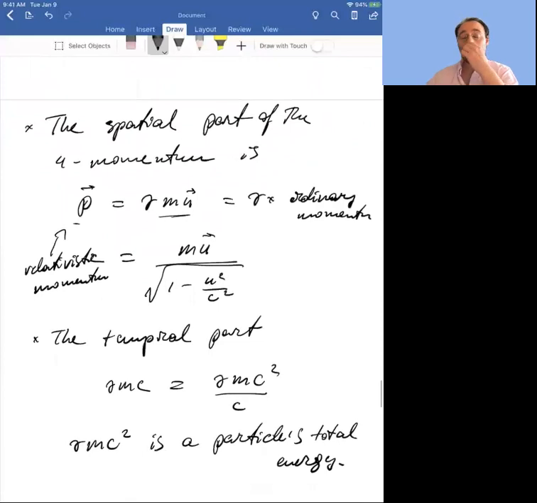And the temporal part, for some reason that might seem strange, I said I'm going to call it the relativistic energy, or total energy of the particle. Now we will try to understand why. We will examine properties of these things, and then we will see what they mean. And we will discuss something called rest energy and what it means physically.